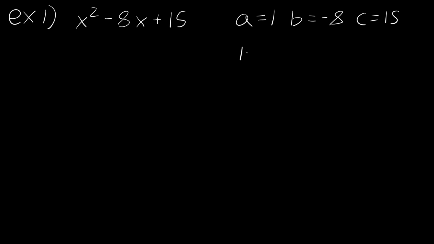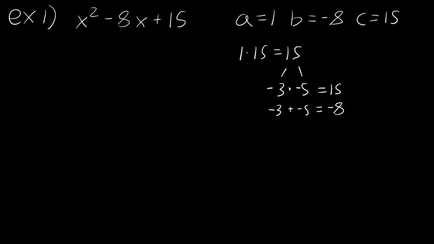So 1 times 15 equals 15. And we know factors of 15 are 3 and 5. But we need these to add to negative 8. So we can add a negative sign before each factor. So these will equal 15 when multiplied, but add to negative 8.